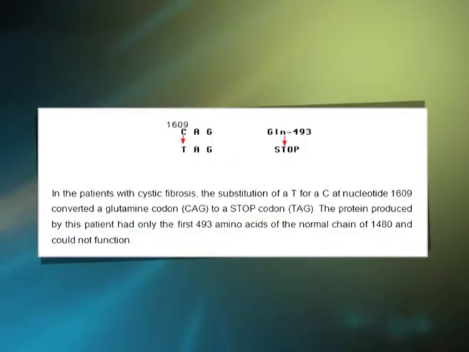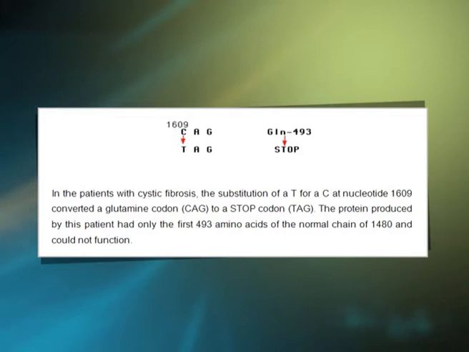The gene encompasses over 188,000 base pairs on chromosome 7, embedded in which are 27 exons encoding the protein. Here you can see a figure on the screen.